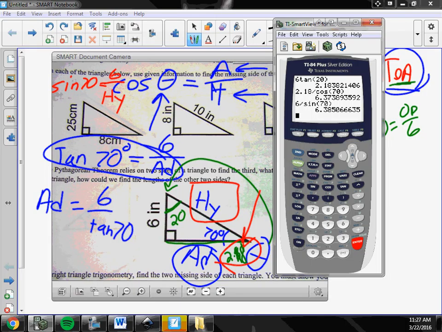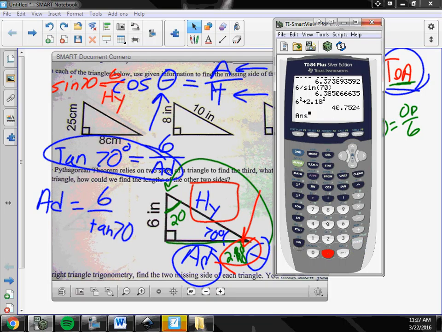It doesn't really matter though. If you prefer the Pythagorean theorem, go ahead. So the Pythagorean theorem, 6 squared plus 2.18 squared, raise that to the 0.5. You'll notice that's pretty close.